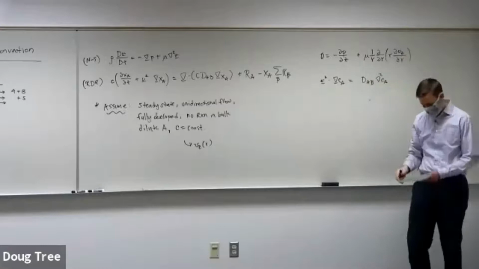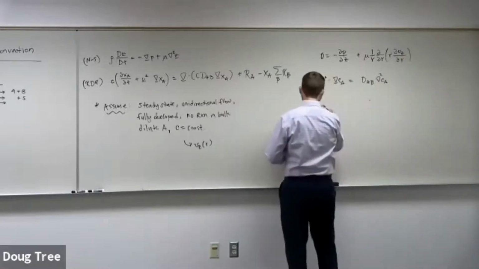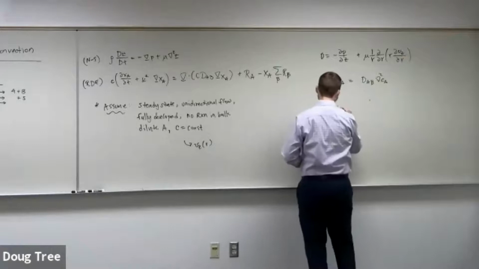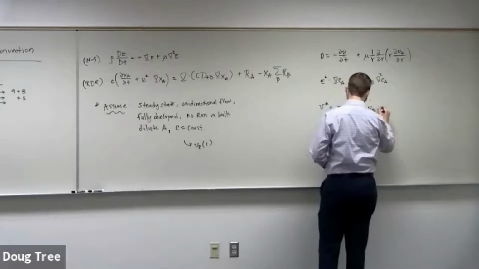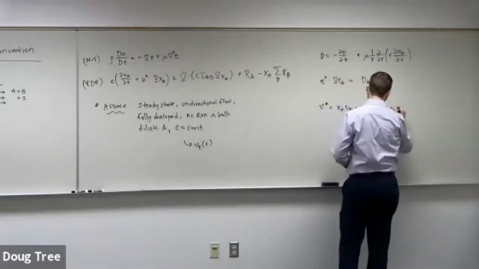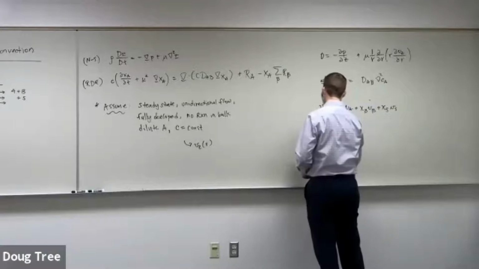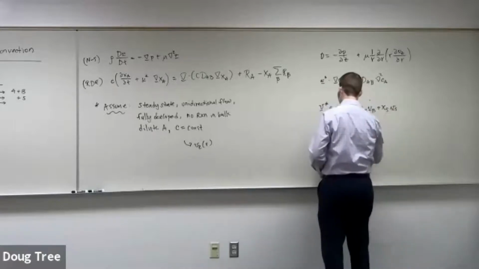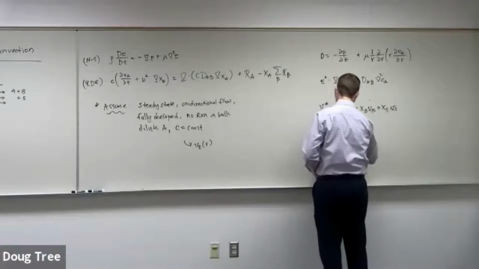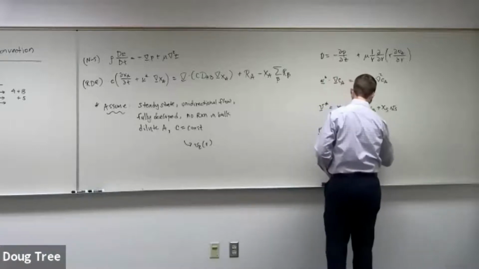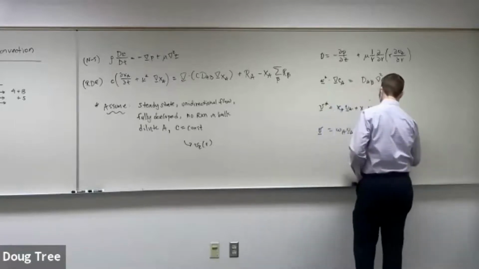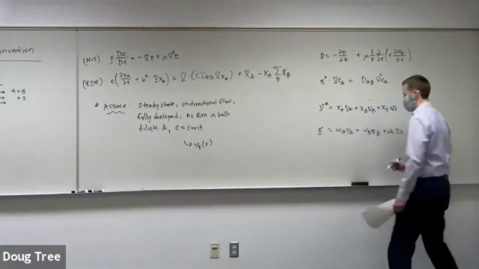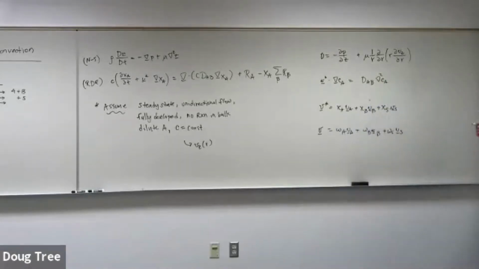So I've got to figure that out. Remember V star is equal to xA vA plus xB vB plus xS vS. And V is equal to wA vA plus wB vB plus wS vS.